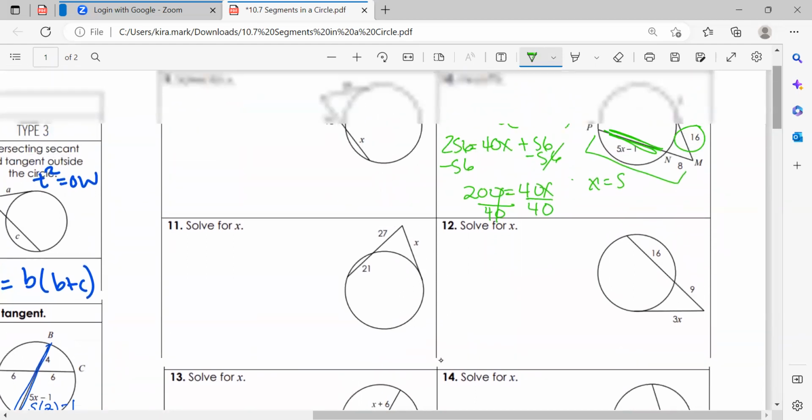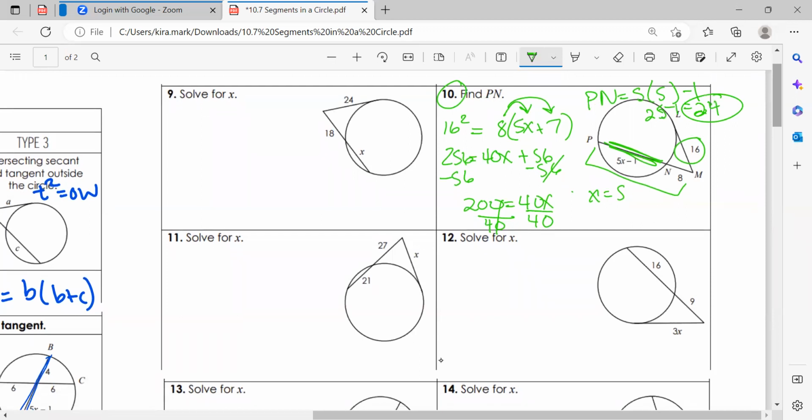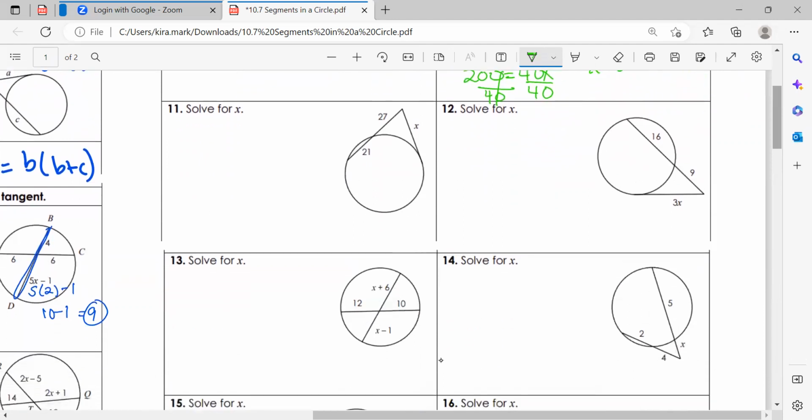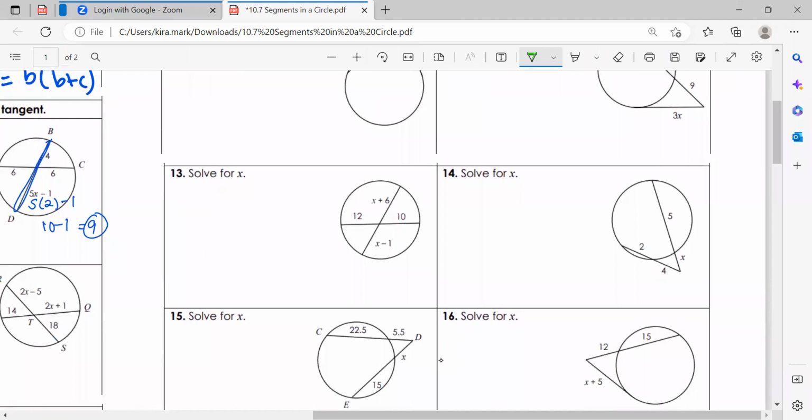And let's do another one where we have the X on the outside. Oh, here's one where the X is on the outside. So this one might be a little tricky. Let's do 14. So we're solving for X. Outside times the whole thing. So outside is 4 times the whole thing. 4 plus 2 is 6.